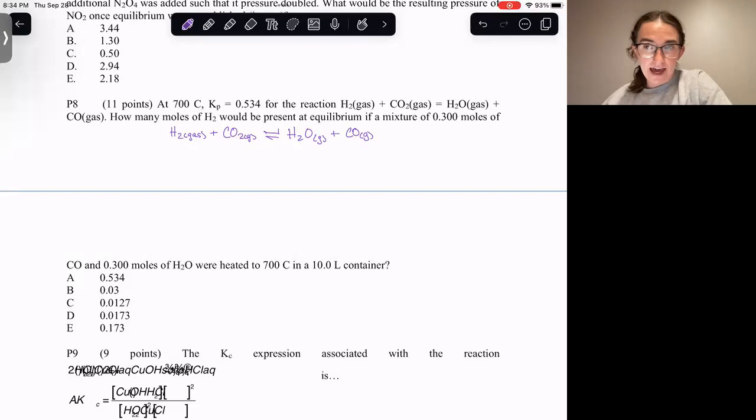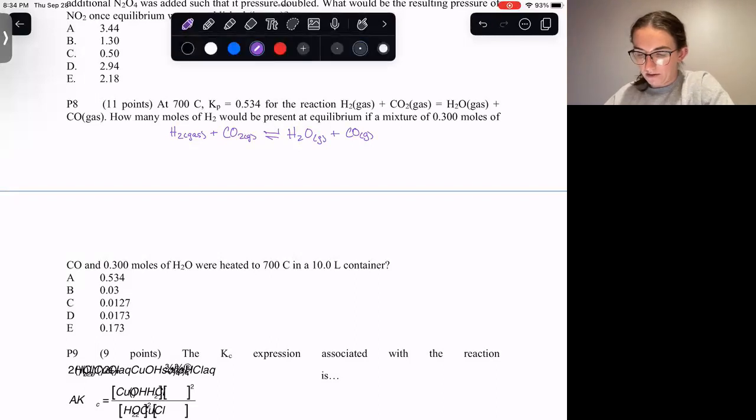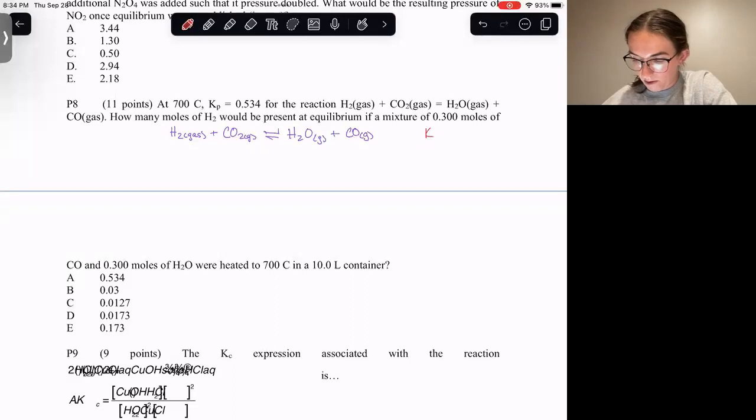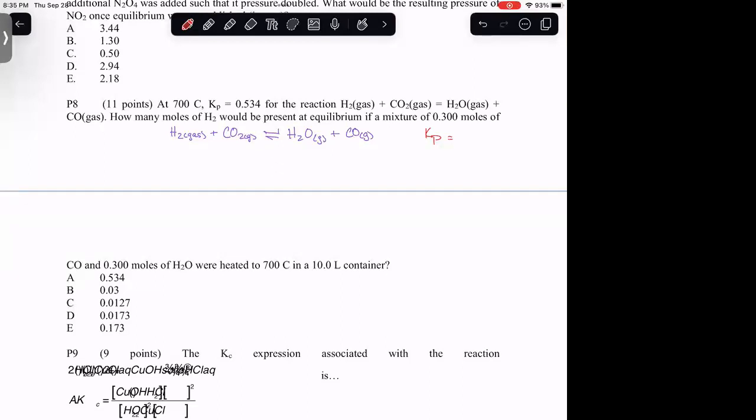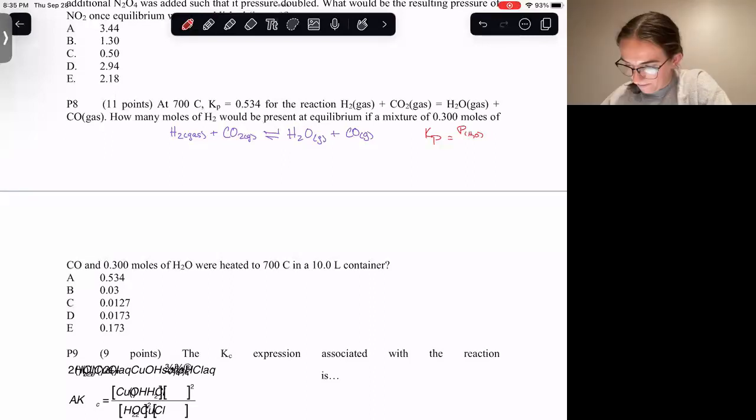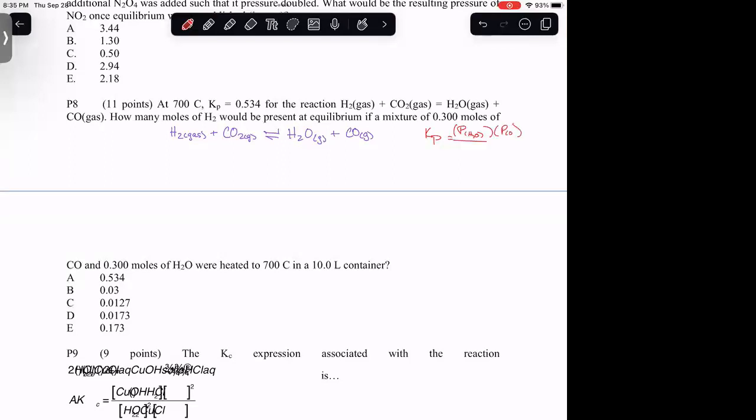So if we were to write the Kp for this reaction, what would Kp look like? What's going on top here? Pressure of H2O times pressure of CO over pressure of H2 times pressure of CO2.